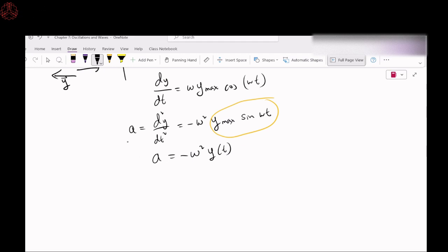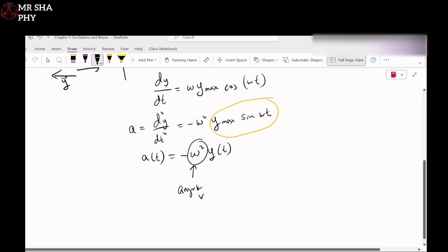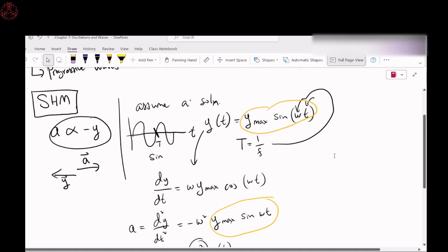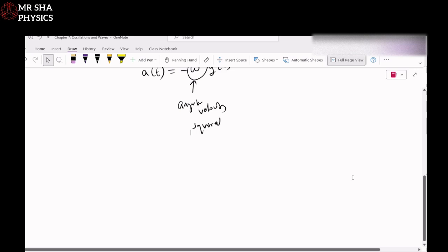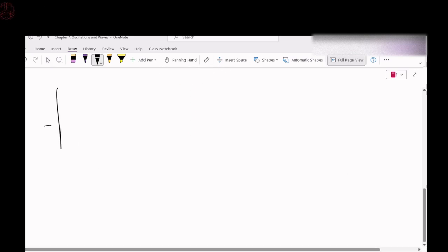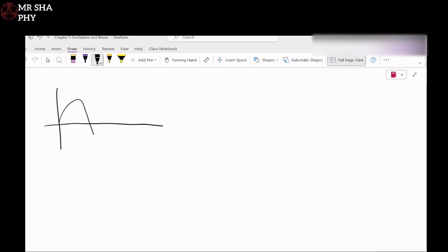Okay. Now, of course, this would also mean that my acceleration is a function of time. So again, what is this omega? This is simply the angular velocity squared. Now, one of the key features of this function, so let's just draw it out, is that we have y max.